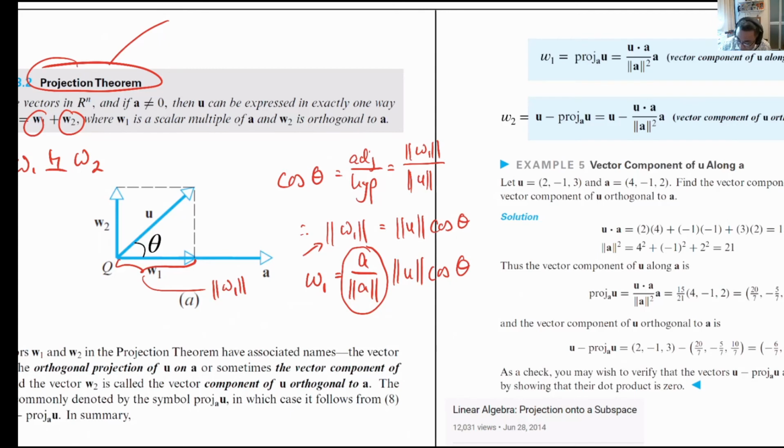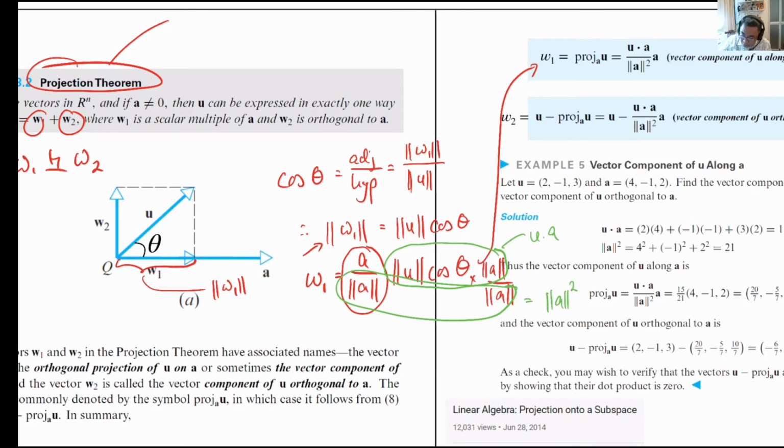Now, to get from this equation to this equation, all we need to do is to multiply the top and bottom by the norm of A. We then recognize this part as u dot A. We collect the bottom and see that this part is equal to the norm of A squared. And the last vector A remains outside. So now we understand how this equation, projection of u onto A, is this complicated looking expression here.